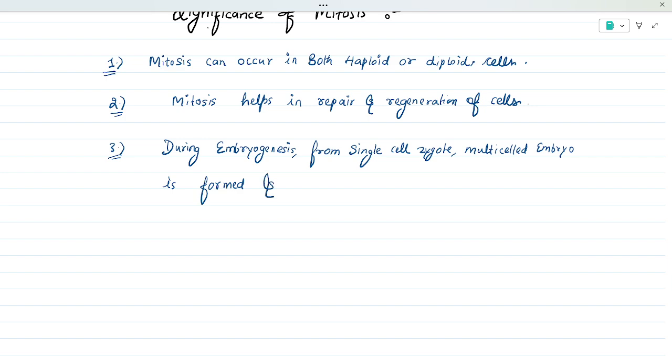And this is again by the equational division, that is the mitosis. This is by equational division, that is mitosis.